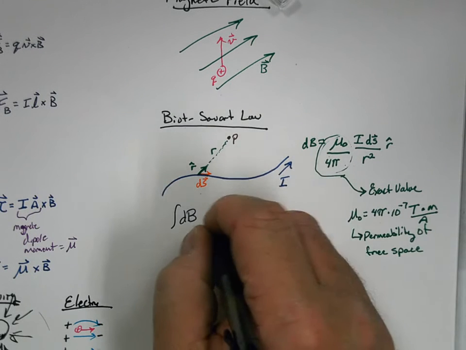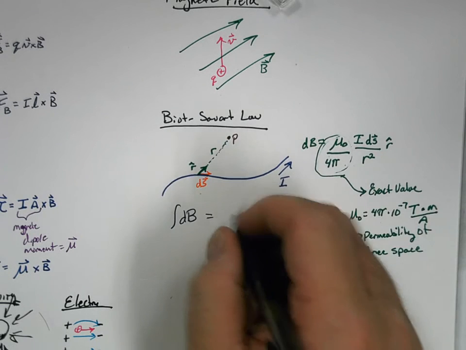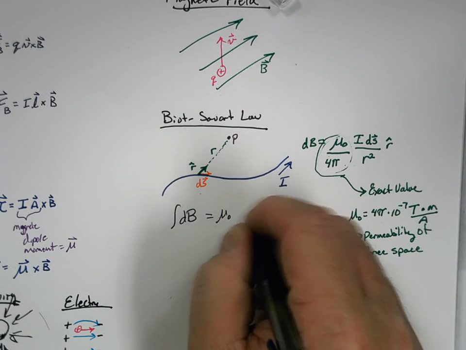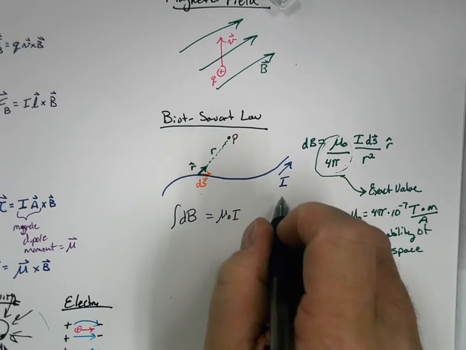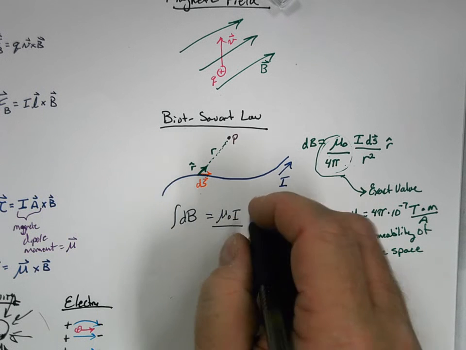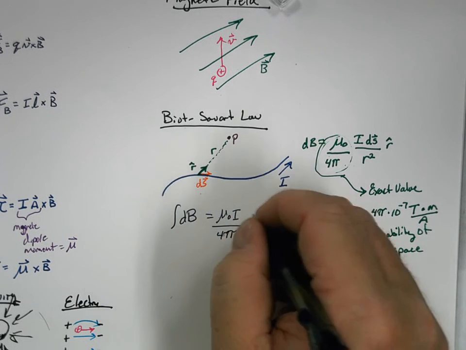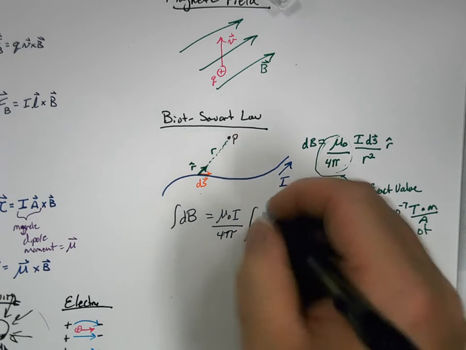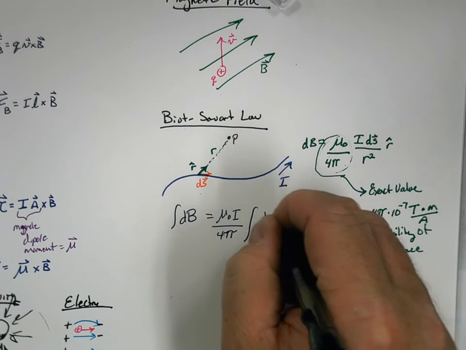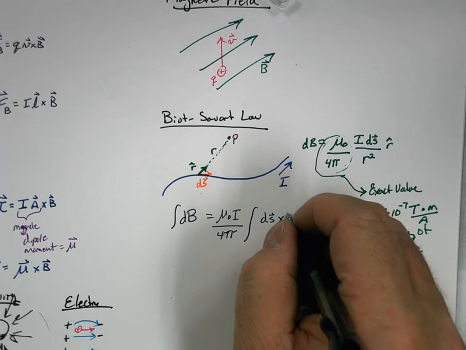So we're going to get this times, and if we integrate this, we'll have all kinds of constants. We'll have mu naught. We're going to maintain I as a constant; it'll always be a constant current. Divided by 4 pi times the integral of ds cross r hat.